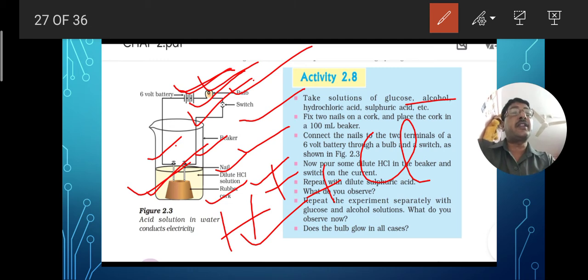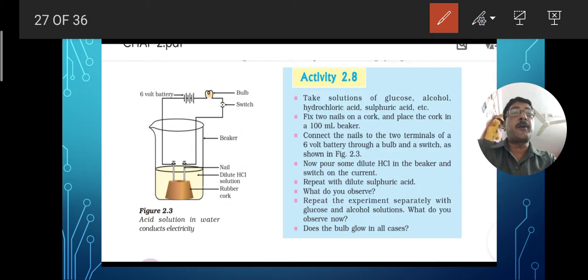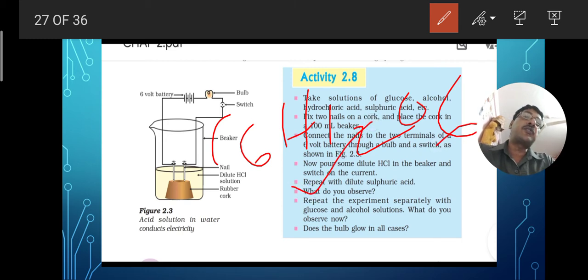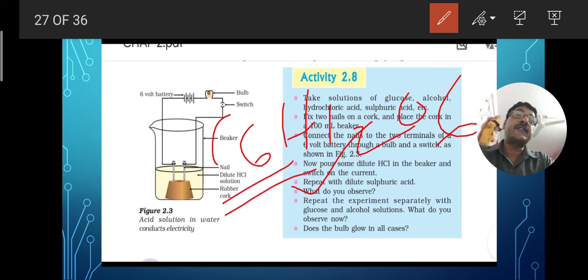And another thing you should know about this: if you take glucose, C6H12O6, here you are finding that 12 atoms of hydrogen are present. Whether this hydrogen atom makes glucose acidic in nature, if you take glucose in this solution in place of hydrochloric acid, you will find that it is not making this bulb glow.